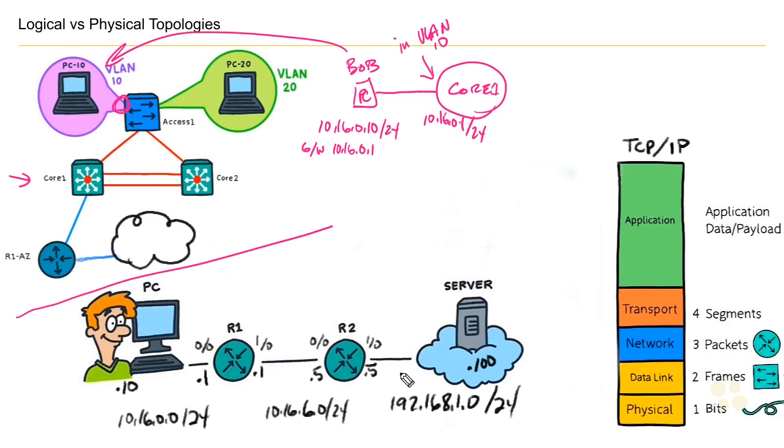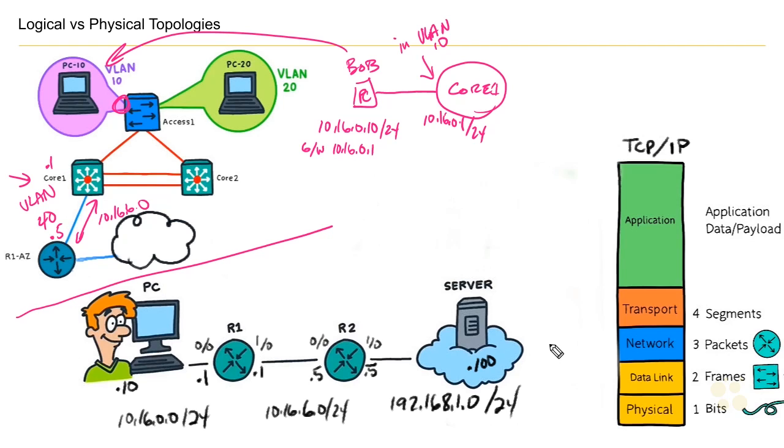Now, as we continue the journey from left to right here, after Core 1, this segment of our network is actually in VLAN 40. And the network address space here is 10.16.6.0 for VLAN 40. And this router has the IP address of .5, and the multi-layer switch on VLAN 40 has the IP address of .1.